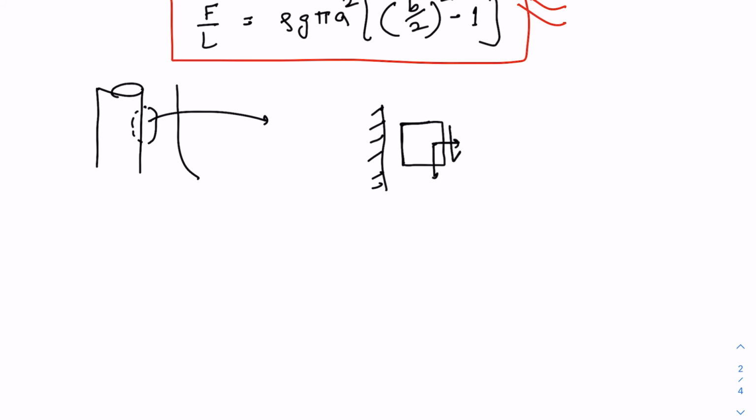The positive shear stress acts in this direction, and the shear stress on this face then acts in the up direction. So the force on this rod due to the fluid will be in the downward direction. This is the force per unit length acting on the rod, and it acts in the downward direction.